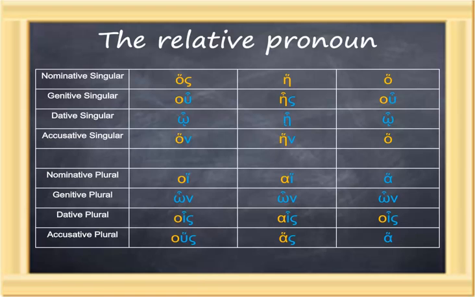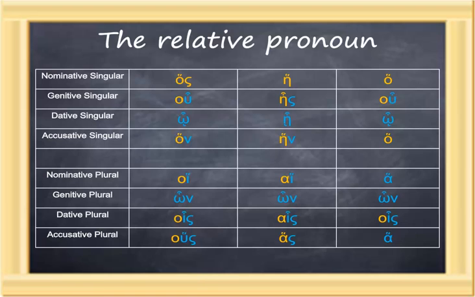So the forms are hos, he, ha: who, what. The second line, genitive: hou, hes, hou: of whom, of which. The third line, dative singular: ho, he, ho: to whom, to which.